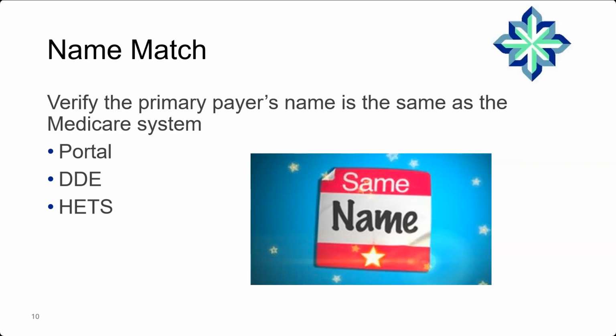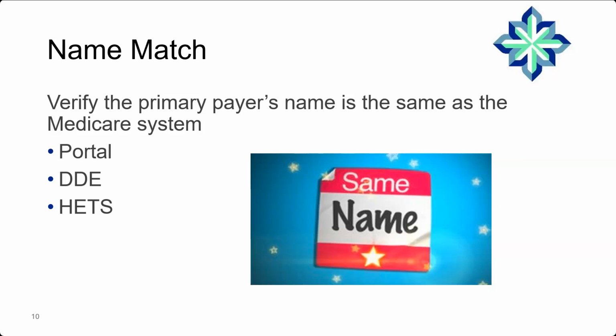All claims stop processing while the BCRC, or Benefit Coordination and Recovery Center, gets to do an investigation, and they're investigating whether it is a different insurance or the same insurance. So we really do recommend stop, check the portal, which is our online system, check direct data entry, also check HETS, HIPAA eligibility transaction standard. Pick one of those and check it.